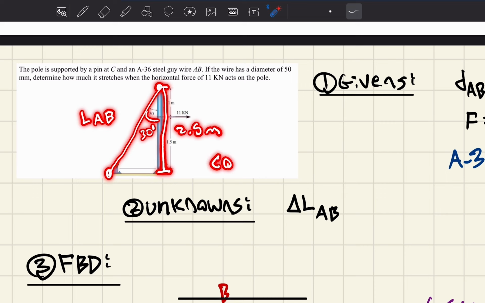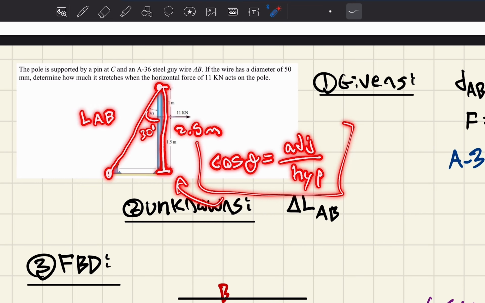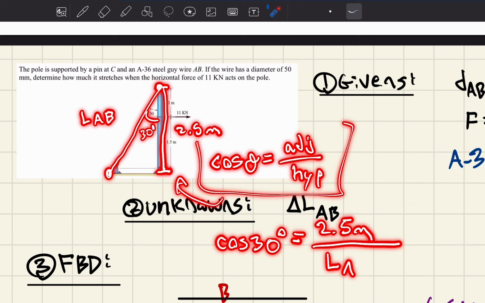What is cosine equal to? Cosine is equal to adjacent over hypotenuse. If I apply this formula to this case, I get that cosine of 30 degrees is equal to the adjacent, 2.5 meters, divided by LAB.